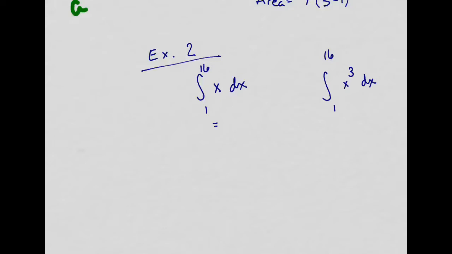But we are going to end up with 127.5, whereas the definite integral from 1 to 16 of x cubed dx is 16,383.8.